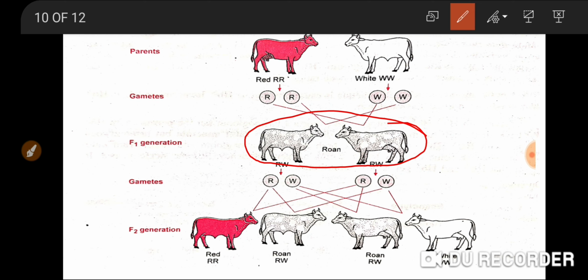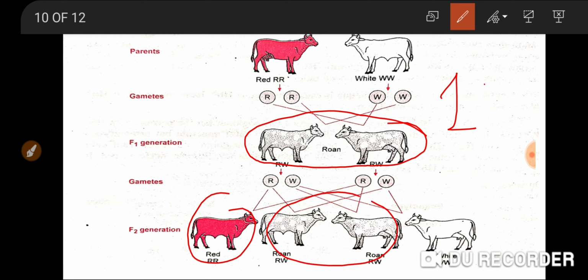When these heterozygous roan colored cattle are allowed to cross with one another, you can see we are getting the red colored cattle having the genotype capital R capital R, 1, roan colored cattle having the genotype capital R capital W, 2, and white colored cattle having the genotype capital W capital W, 1.